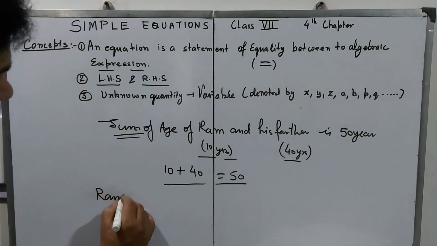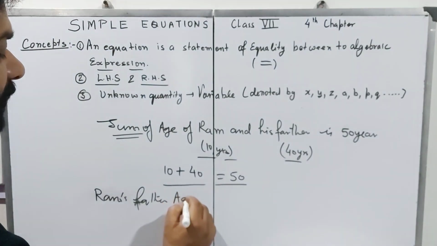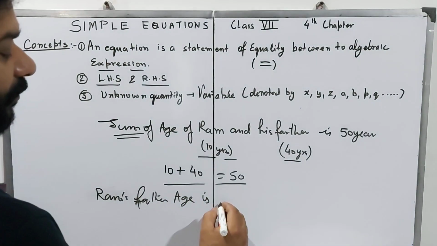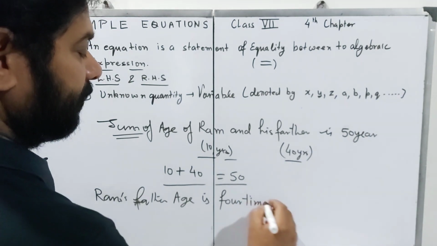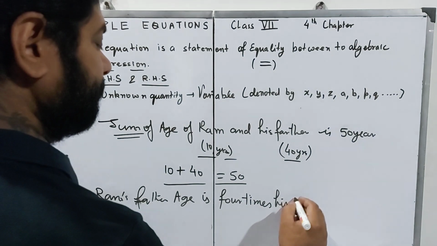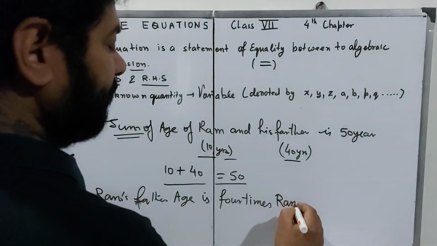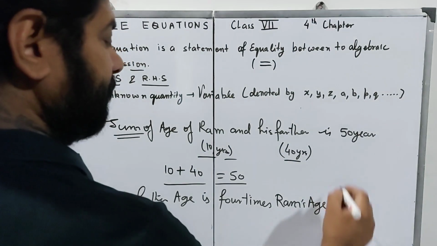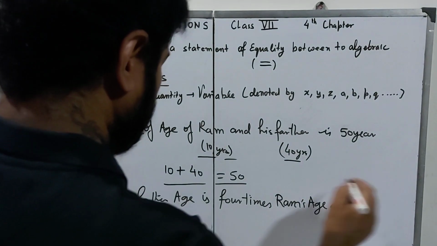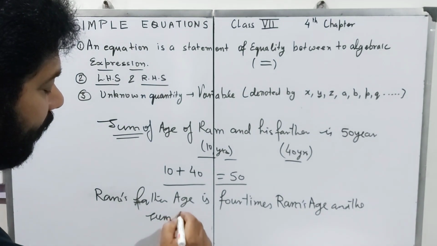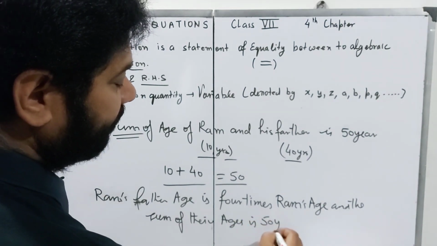Ram's father is 4 times his age, or you can say 4 times Ram's age, and the sum of their ages is 50 years.